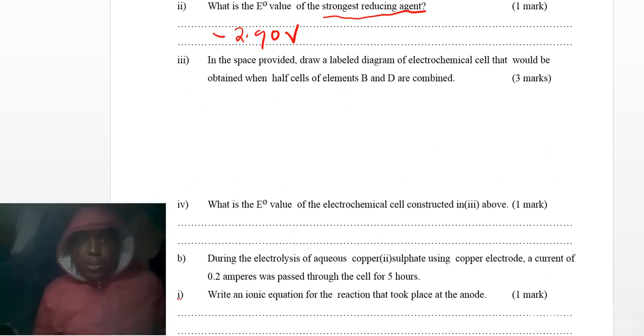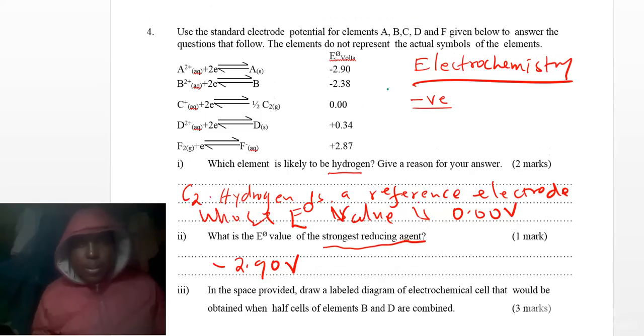In the space provided, draw a labelled diagram to obtain C, when B and D combine. Now look at B. B is negative 2.38. D is positive.